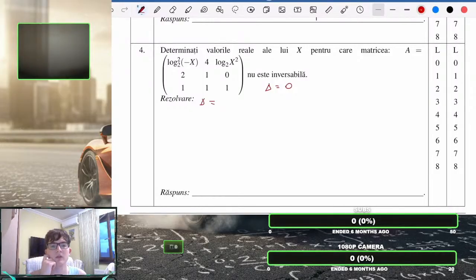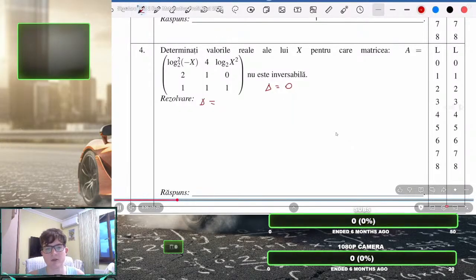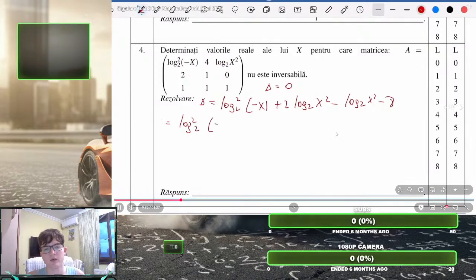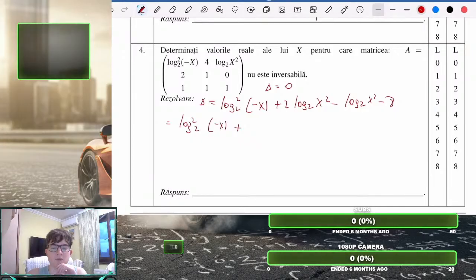I just need to expand it till the end, 2 more rows, or use the star method, which I already know. So we're going to have this. And from here we have the same thing. So 2 log 2 x to the second power. So yeah, this one's 8 points.